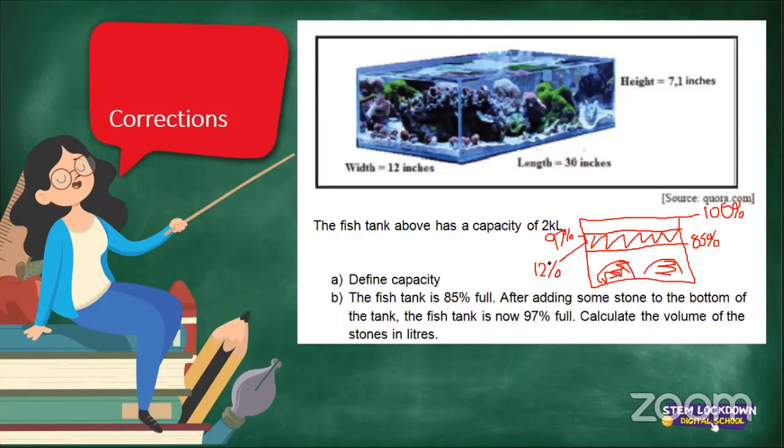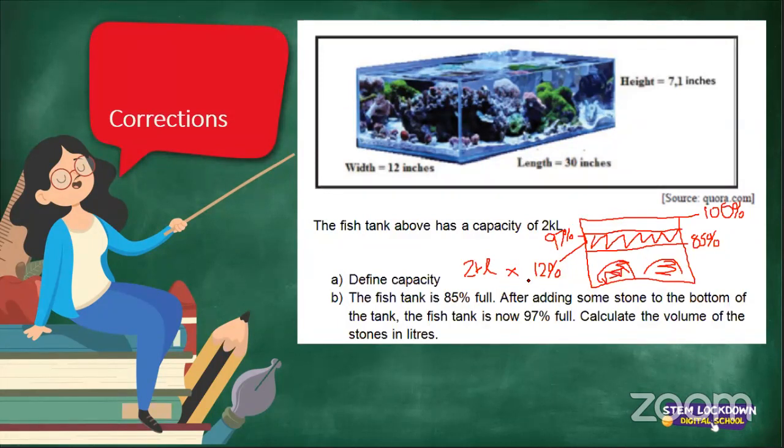So basically, these stones are actually 12% of 2 kiloliters, because the amount of water in the fish tank was raised by 12%, right? 97 minus 85, I think it's 12%.